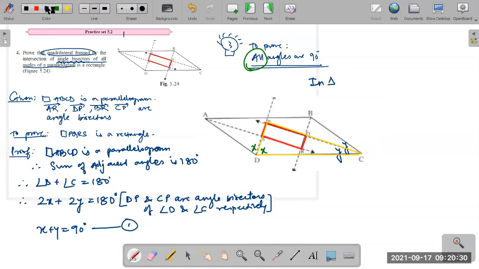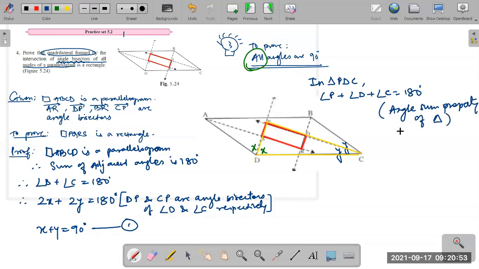So we name the triangle first. In triangle PDC, what can we say? Angle P plus angle D plus angle C equals 180 degrees. What is the reason for this? This is the angle sum property of a triangle.